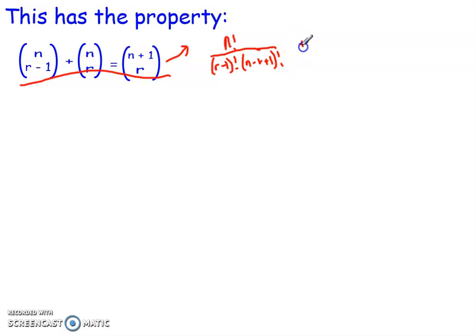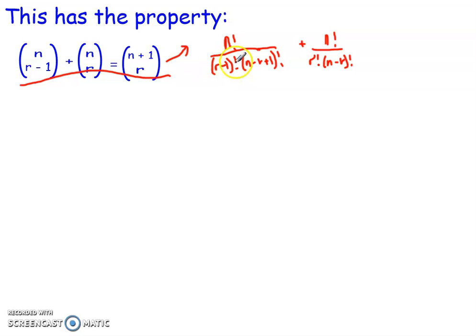I then add on the second one, which still takes our original form of n factorial over r factorial, bracket n minus r factorial. Now, to take the next step, I have to put these over a common denominator. In order to do that, I have to figure out what I multiply both of these fractions by. First thing to look at is the r factorial.